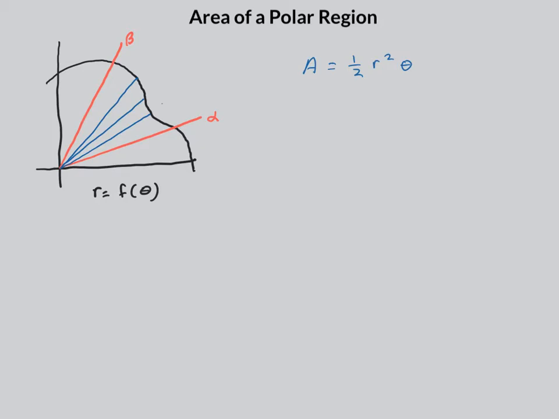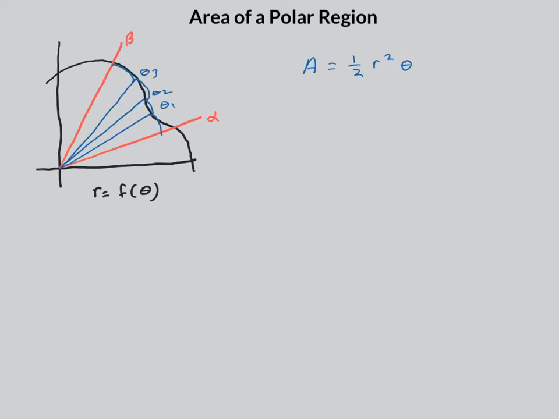I'll call this theta 1, there's theta 2, theta 3. And I can think of this as a sector here, drawing like that, and then we go through until I have a different sector.